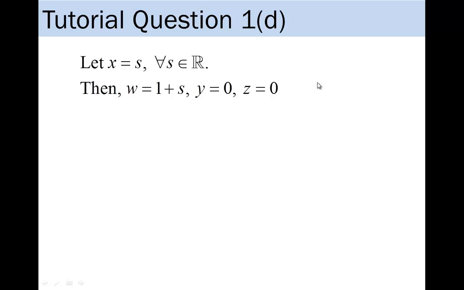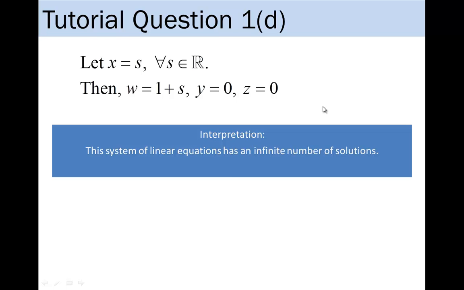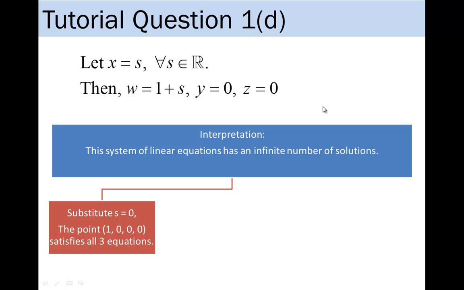For example, if s equals 0, then x equals 0, and w equals 1 plus 0, which is 1. This gives me the point 1, 0, 0, 0, which must satisfy this set of linear equations.